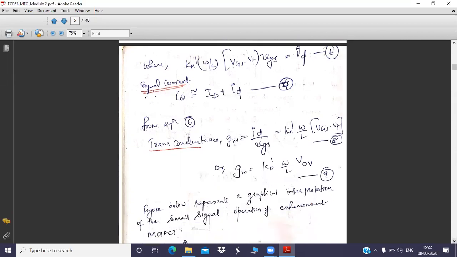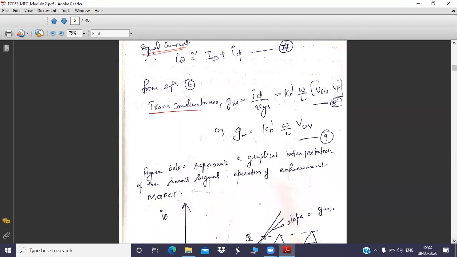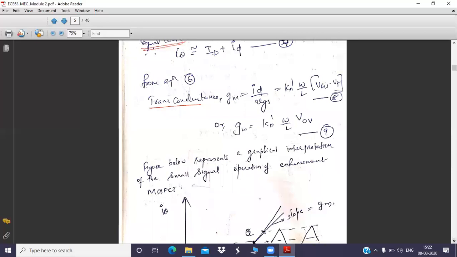Now, from this I'm going to find the transconductance. You know what is resistance according to Ohm's law? Resistance R is equal to V by I, isn't it? And what about the conductance? Conductance is a reciprocal of resistance. So you need to take the reciprocal.